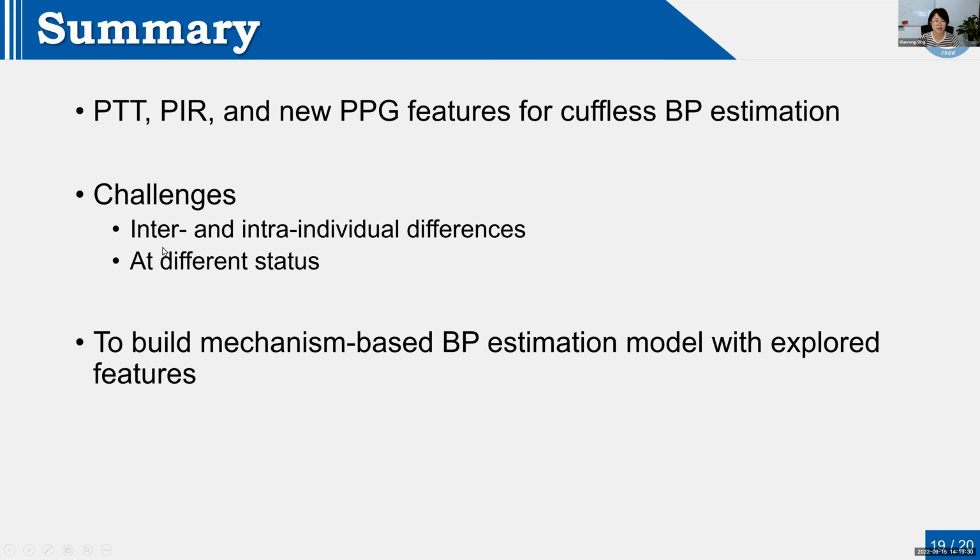In particular, we know that for the relationship between the features and the blood pressure, there exist inter- and intra-individual differences. Also, with different status, the relationship would vary. So this is a challenge. And the further work is that we need to build a mechanism-based estimation model with the identified features. So this is the ultimate goal.